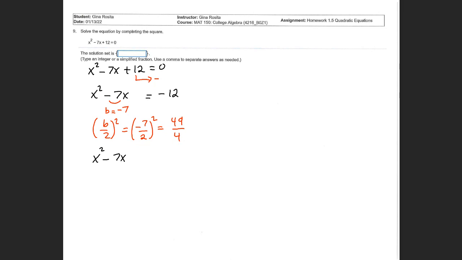Plus negative 7 over 2 squared equal negative 12 plus negative 7 over 2 squared. Remember again this formula. You can write it as x minus 7 over 2 squared. So now we solve the right side.